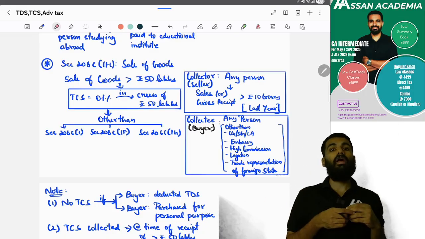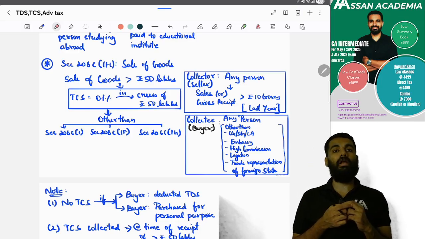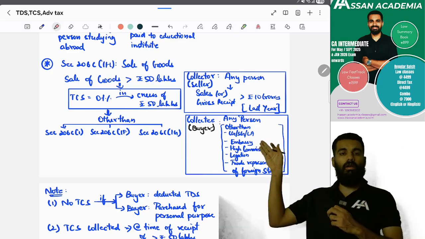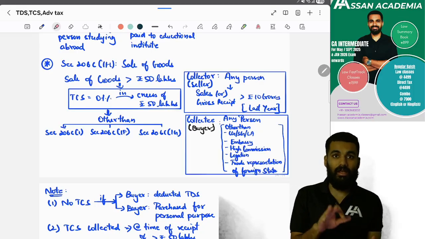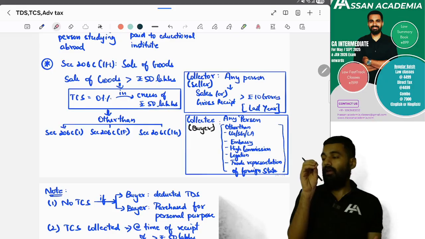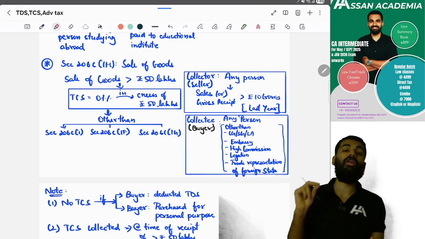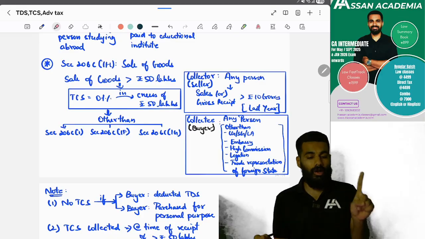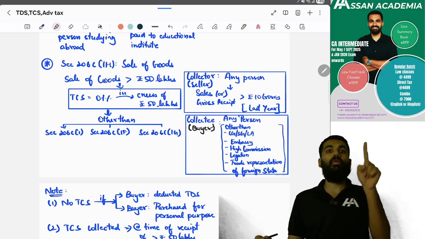Just now we studied remittance of money under the liberalized remittance scheme or OTPP, overseas package. Yes, if they are not coming in this category, then if selling of goods of more than 50 lakh rupees is happening, you have to see whether 194Q is getting attracted.